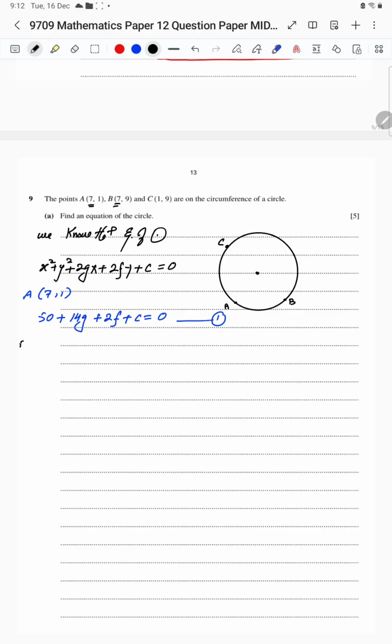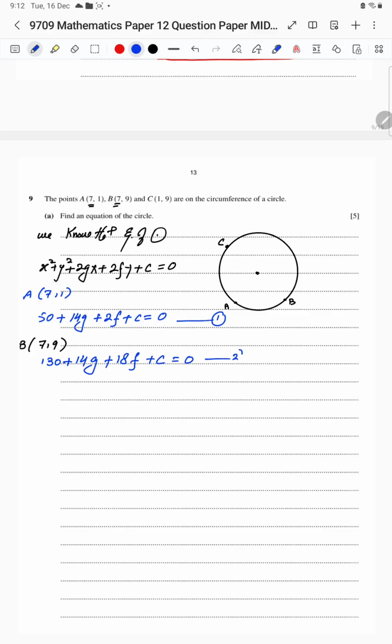Similarly, at B is 7 and 9 as well. We get 7 square is 49 plus 9 square is 81, 49 plus 81 is 130 plus 14g plus 18f plus c equal to 0.